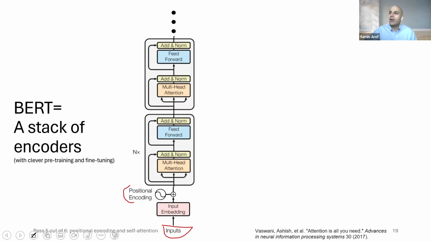And they enter an encoder, which does some processing on the input. And in that processing, we have multi-head attention, which we're going to discuss later. And eventually what we get as the final output from BERT would be a vector representation for every single token in the input, just like what we saw earlier in pass 2.